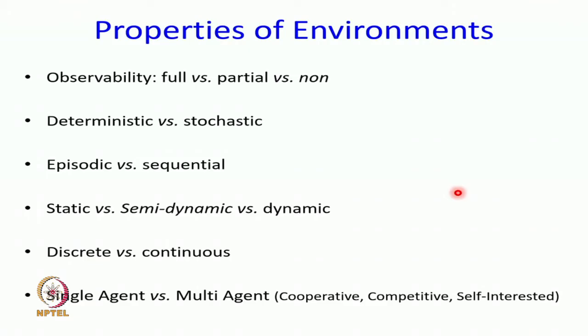And if there are many agents, are they acting together for the same objective? Are they acting against each other, or are they just self-interested? They can be cooperative or competitive depending upon the situation.